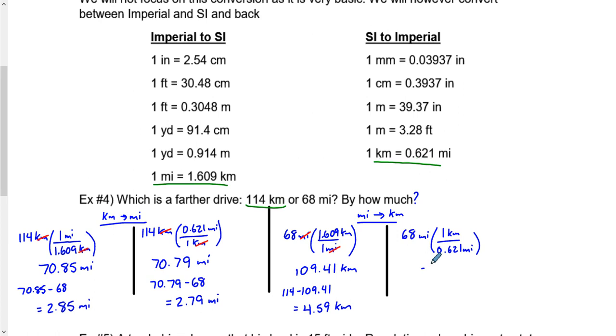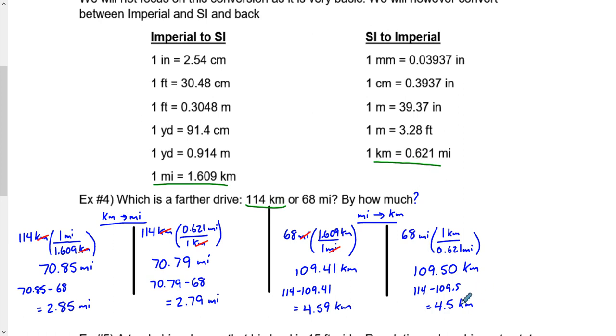68 divided by 0.621. It's 109.50. So I'll just leave. Yeah, that's fine. I take my 114 and subtract my 109.5. It's 4.5 kilometers.